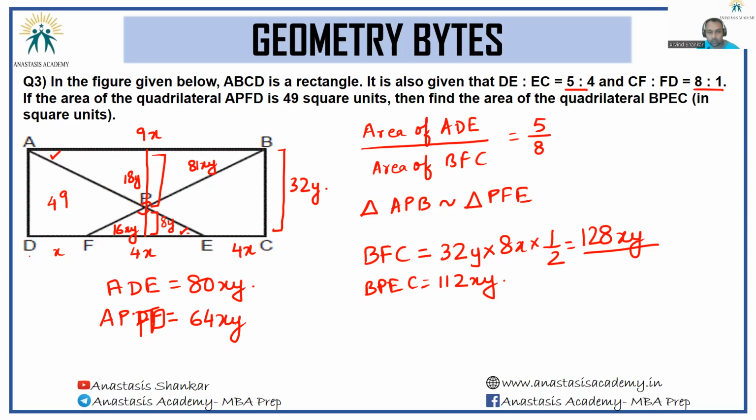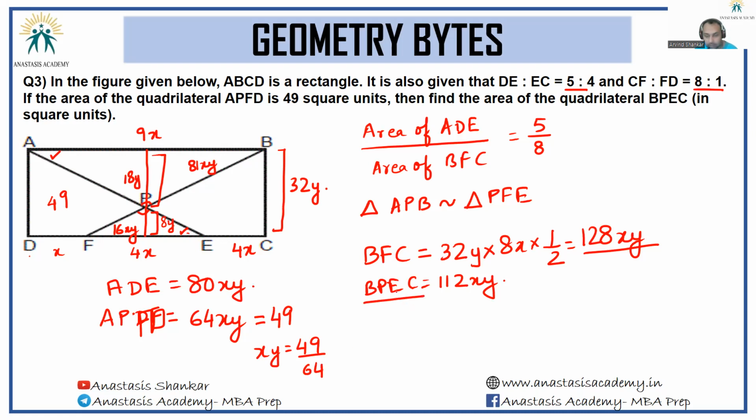Okay. So APFD, 64xy is equal to 49. So can I go xy is equal to 49 by 64?